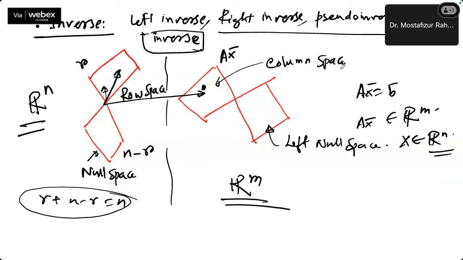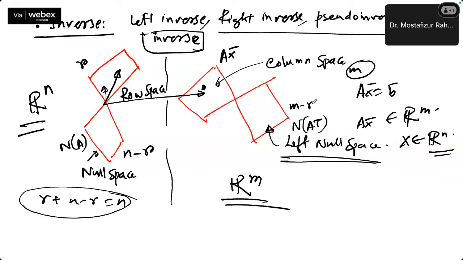The dimension of the column space is R, and the dimension of the left null space, the null space of A transpose, is M minus R. So altogether R plus M minus R is M dimensional space.